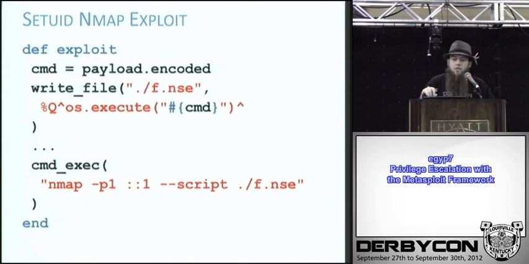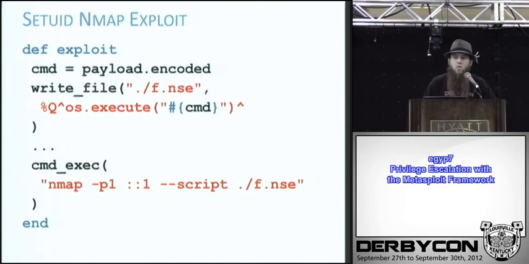So from Metasploit, we can write the NSE file out onto the target, run nmap with --script, and give it a path to that file. In older versions, in the 5-something days, the scan wouldn't look at your script unless you actually had a host for it to scan.